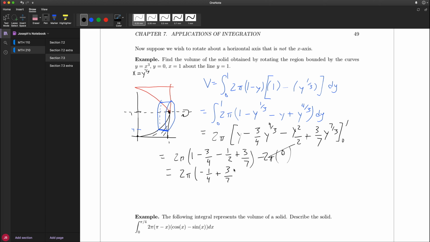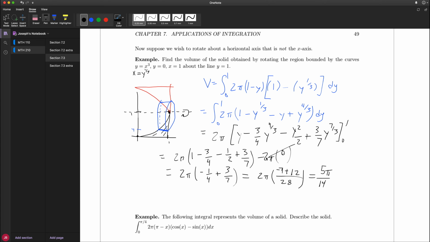Our common denominator looks to be 28. The 1 needs the 7, and the 3 needs a factor of 4. So you'll notice a 2 will cancel with the 28 to give 14 on the bottom, and we get 5 on the top. So this is 5 pi over 14.